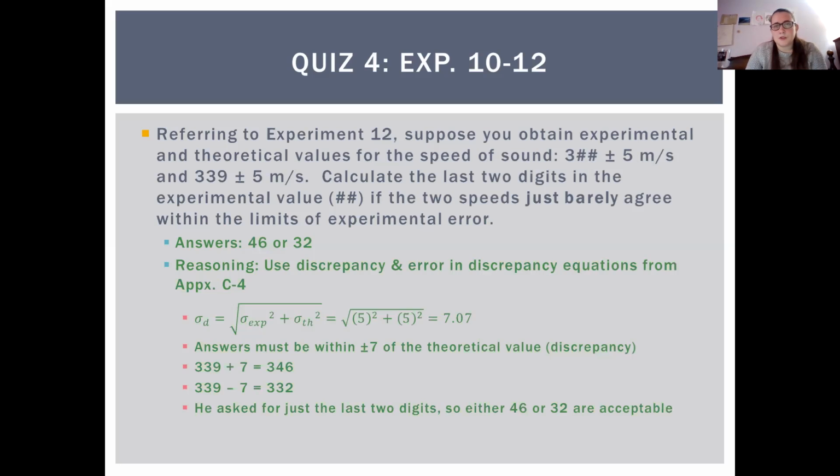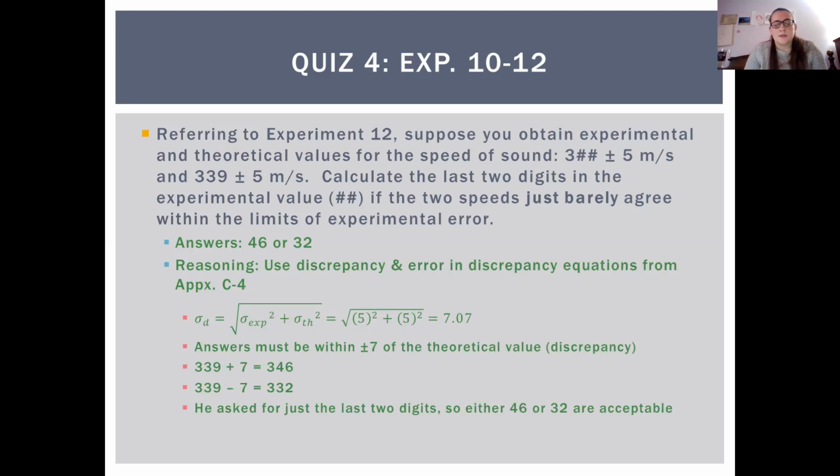We know it's going to be 300 something, but we have to figure out what those other 2 digits are in order for these 2 speeds to just barely agree within the limits of experimental error. So when we're talking about agreement within the limits of experimental error, that means we're dealing with discrepancy versus error in discrepancy. So D versus sigma D comparison here.